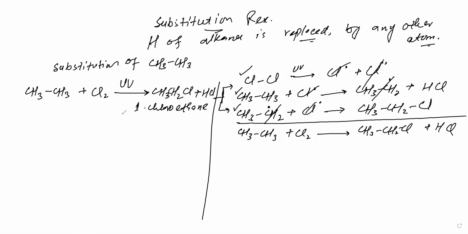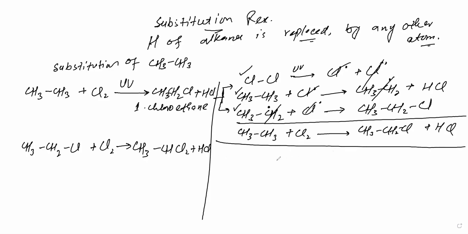If there is a second substitution, in CH3CH2Cl one further chlorine comes. This is the overall reaction. It will form 1,1-dichloroethane, CH3CHCl2 plus HCl. You will see it has two chlorines, so it is called 1,1-dichloroethane. Further, it consists of three steps. First is the chlorine free radical formation: UV rays are used and you get two chlorine free radicals. Then the reactant CH3CH2Cl reacts with a chlorine free radical.